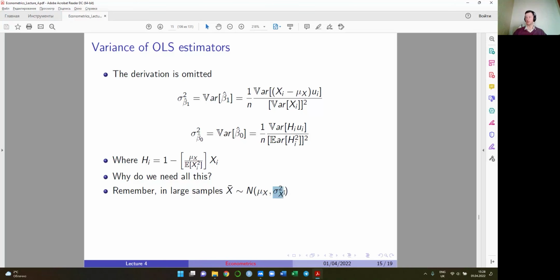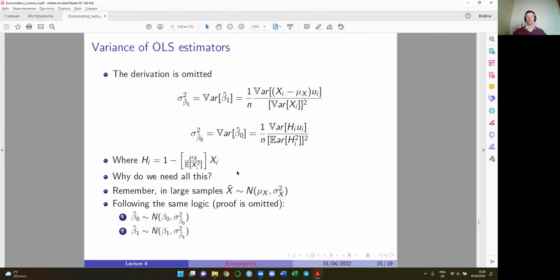It's my mistake. Following the same logic, we can say that beta 0 hat is normally distributed with the expected value of beta 0 and the variance, which is presented here. This is the way we calculate variance.